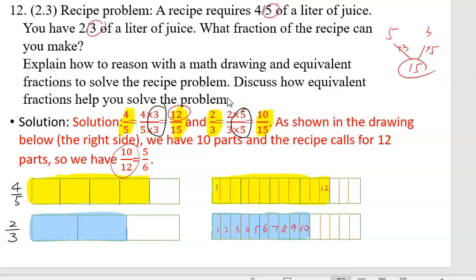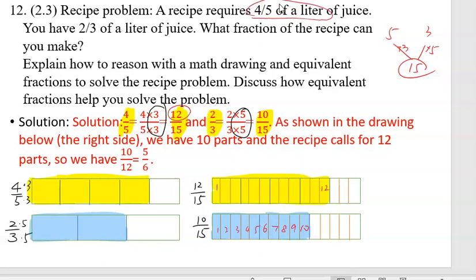Okay, so now we turn these fractions. We multiply by 3 and 3, so we get 12 out of 15, and by 5 and 5 we get 10 out of 15. Now we can turn the original question into a whole number question, so we don't have to worry about 4/5 of a liter anymore.